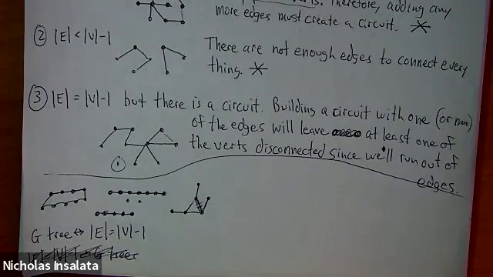How about a graph with 2 vertices and 1 edge, but it's not a tree? Actually, we can do this one. Yeah, a loop and disconnected.